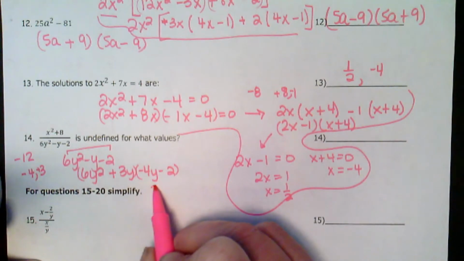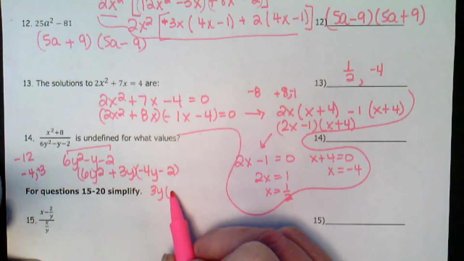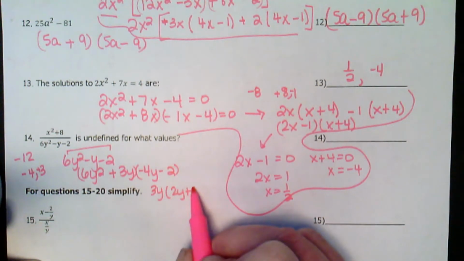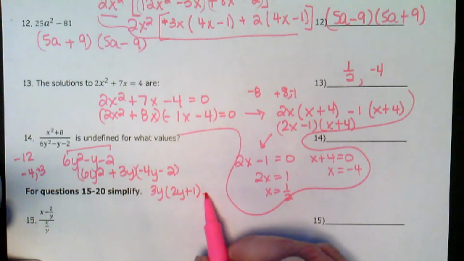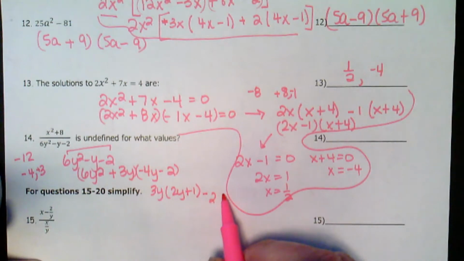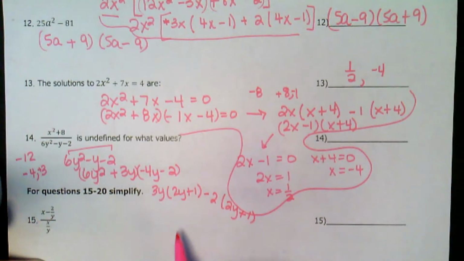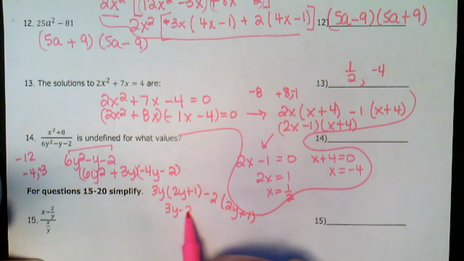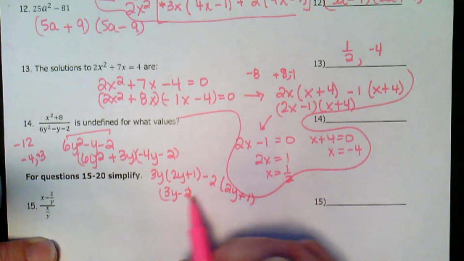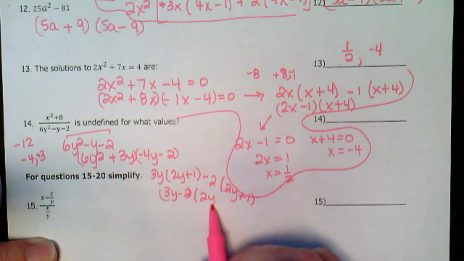And we're going to take 3y out of our first term and left with 2y plus 1. And we'll take a negative 2 out of the second term, and I'm left with 2y plus 1. So we have 3y minus 2 and 2y plus 1.